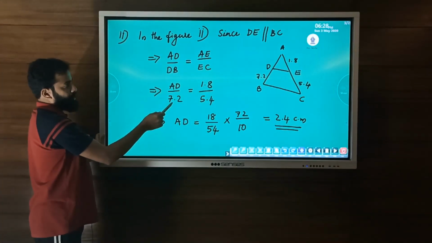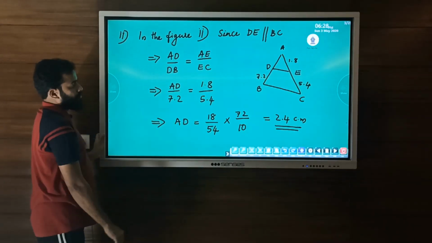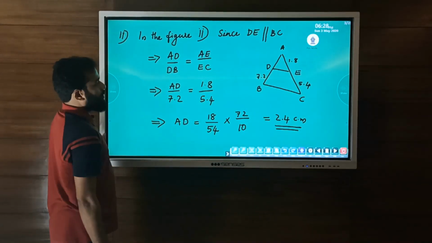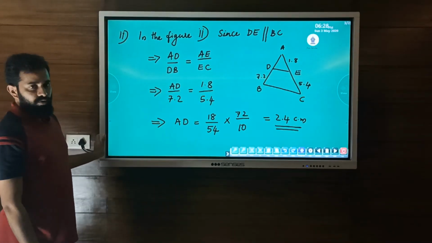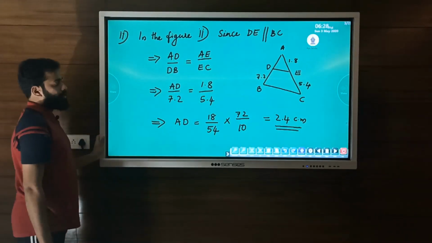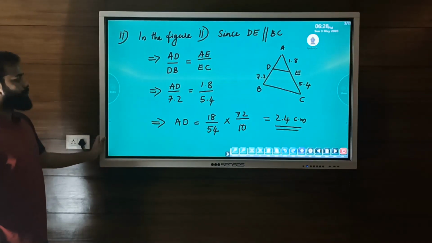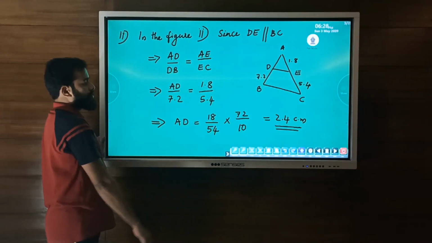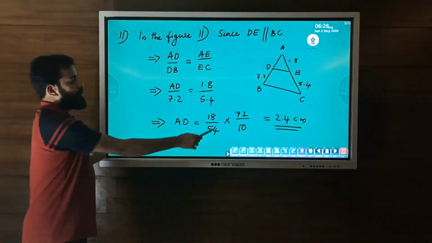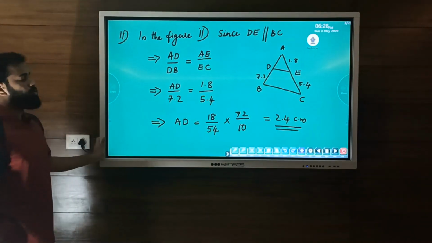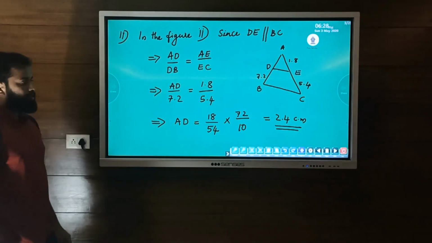AD divided by DB is given 7.2, which is equal to AE 1.8 divided by EC 5.4, which implies AD is equal to 18 by 54 into 72 divided by 10. That means we have to remove the decimal points there by multiplying by 10, which is equal to 2.4 centimeter.